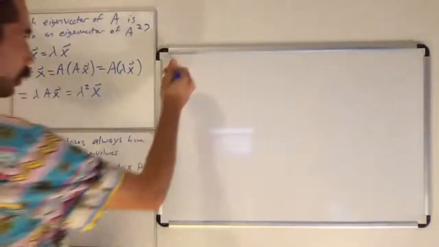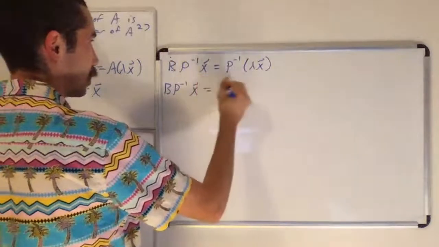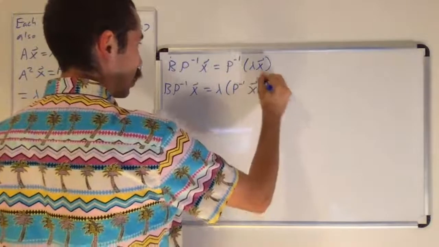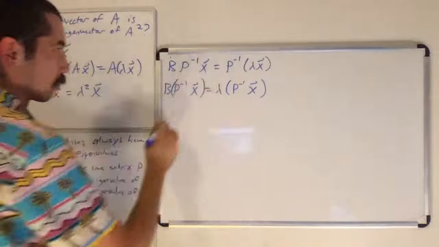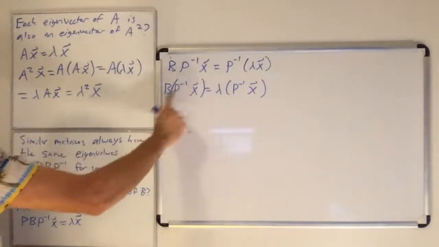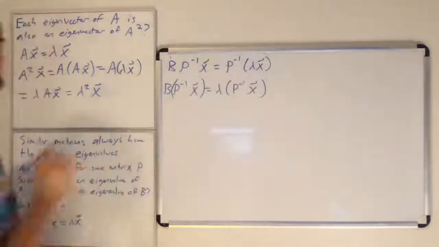And we have that B P inverse X is equal to lambda times P inverse X. And this shows that it's an eigenvalue, right? B times this vector is equal to lambda times the same vector.